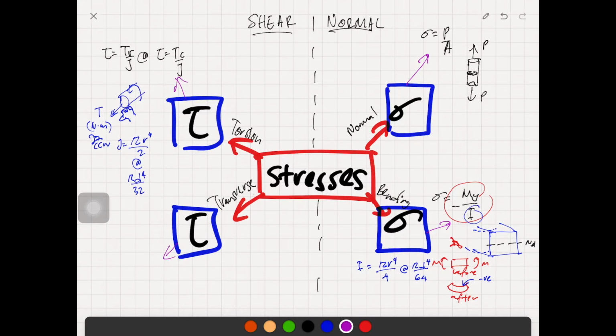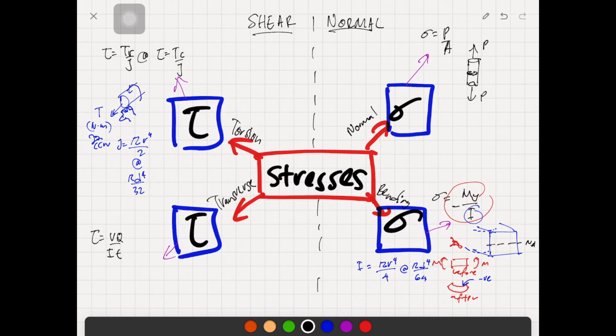The fourth one we have over here, I'm going to list down the equation: tau is equivalent to VQ over IT. Yeah, this is a mouthful in terms of the terms that we need to use. It is pretty much the combination of bending stresses and everything that you have over here.